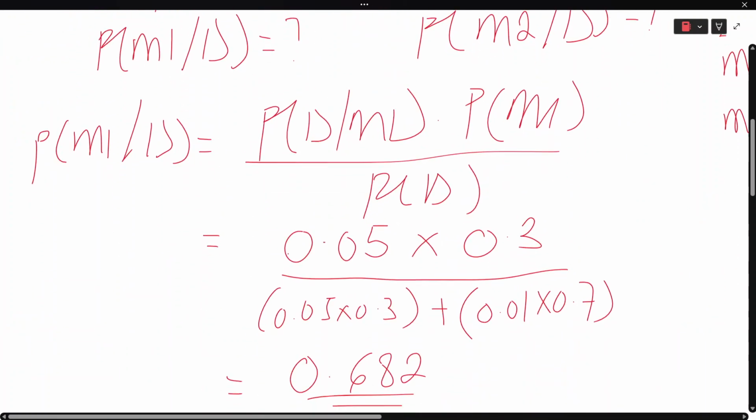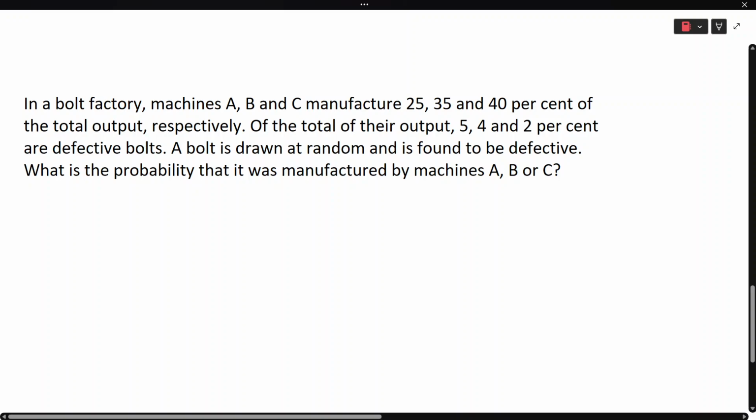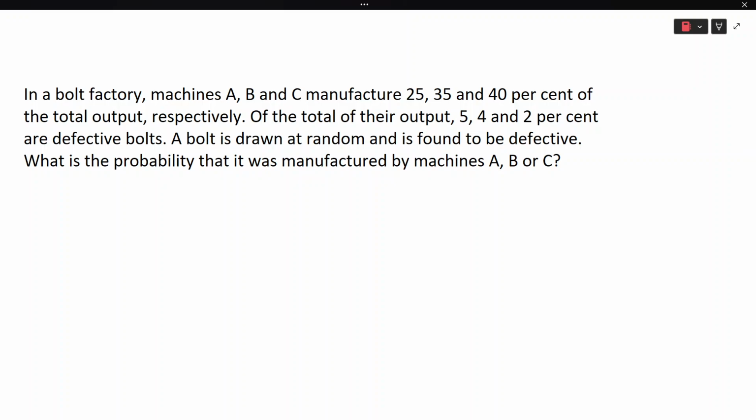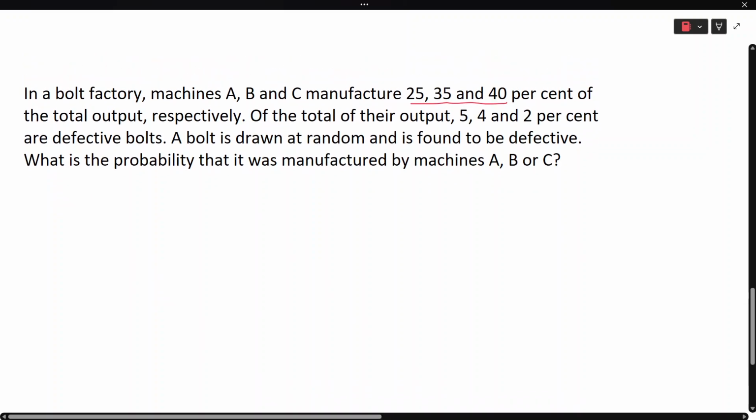All right, now let's get into the next question. In a bolt factory, machines A, B, and C manufacture 25, 35, and 40% of the total output respectively. Meaning that machine A manufactures 25%, machine B 35%, and machine C 40%.